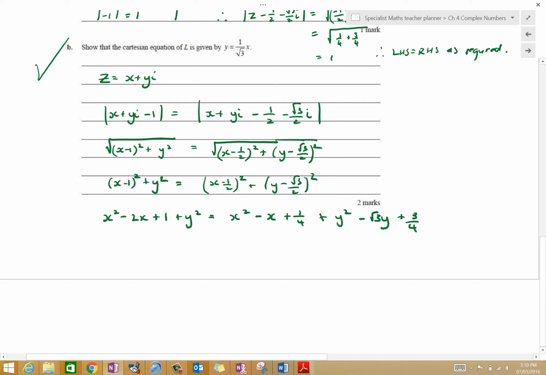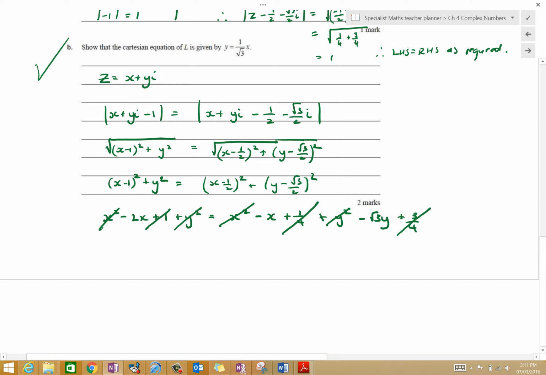Now, the y squareds are going to cancel out. The x squareds are going to cancel out. And let's get the y all on one side and everything else on the other side. First of all, we've got a quarter plus 3 quarters is 1. Oh, actually, isn't that going to cancel out? It is.